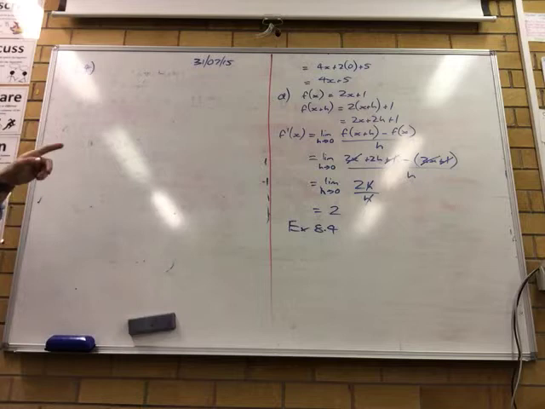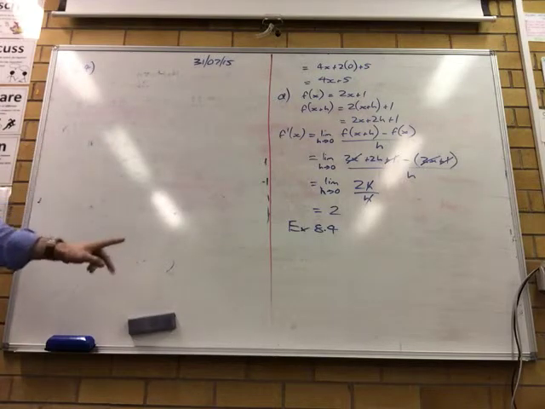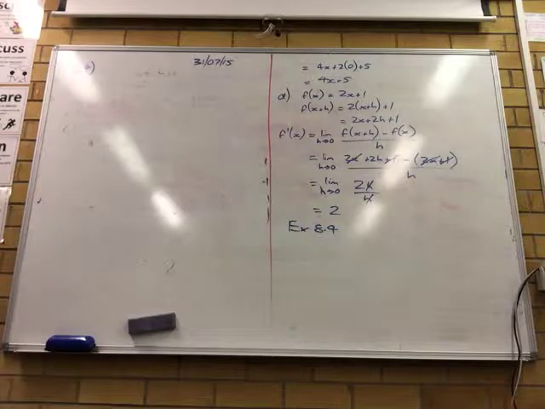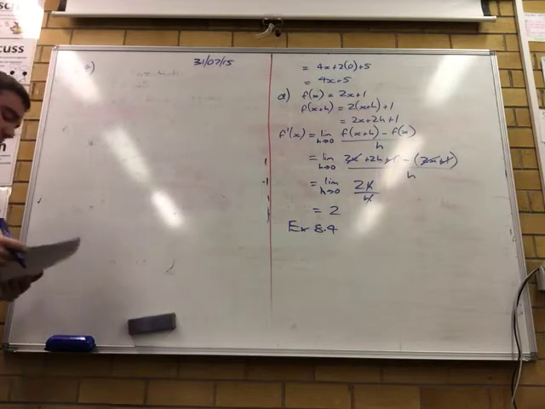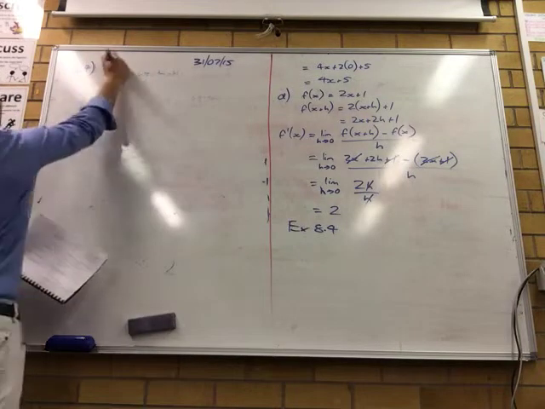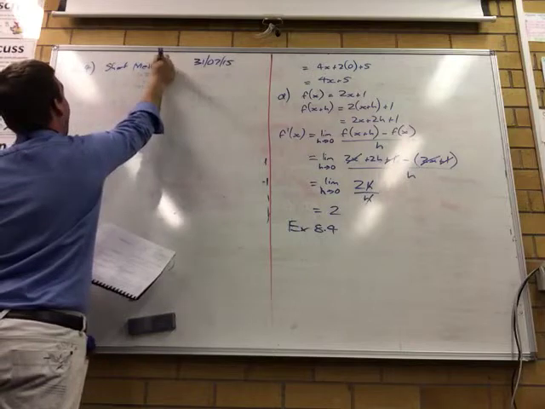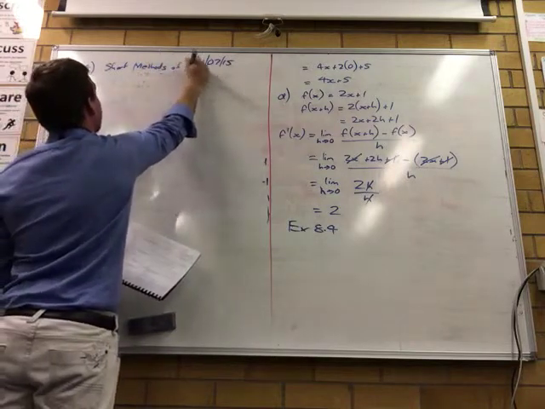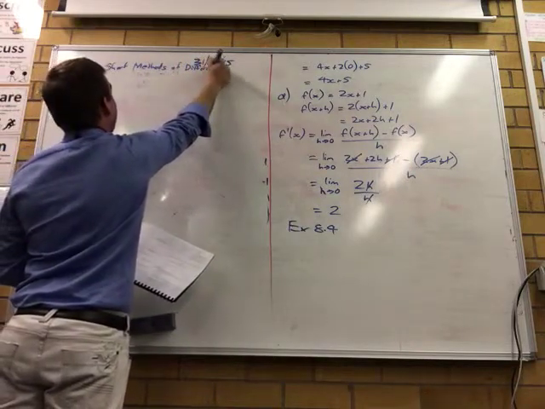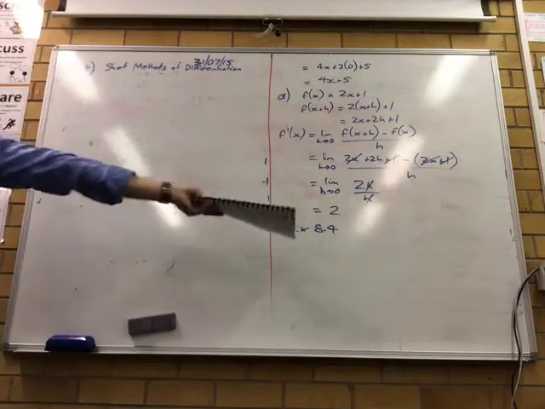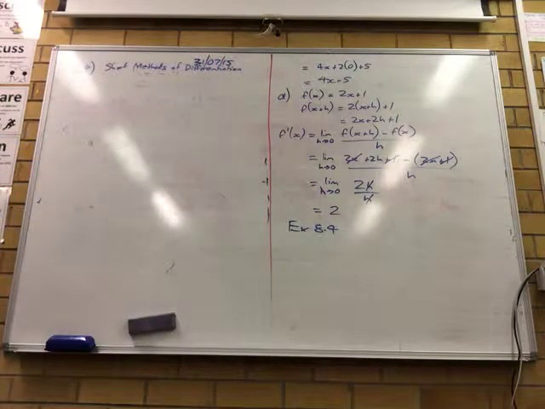Alright, 8.4. Now, there was an 8.3. We're skipping that for now. We'll go back to it when we do functions and graphs. Alright, short methods of differentiation. So this by first principles is you doing differentiation.